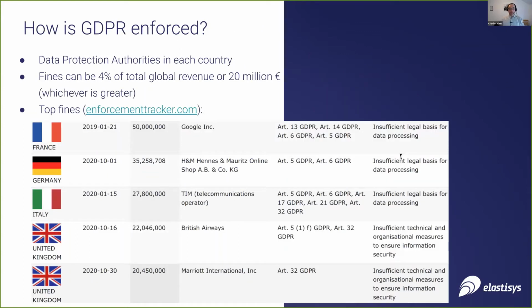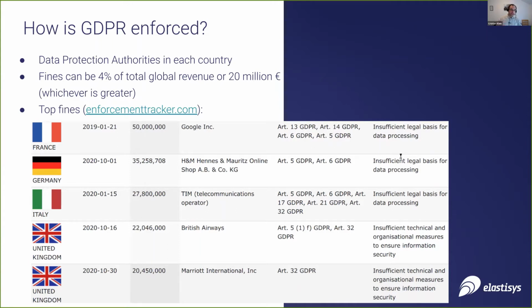So how is GDPR enforced? Well, each European country has a data protection authority, which may impose fines of 4% of your total global revenue, or 20 million euros, whichever is greater. And there is even a website which is there to blame and shame, otherwise put, to raise awareness of all the fines that are being given.